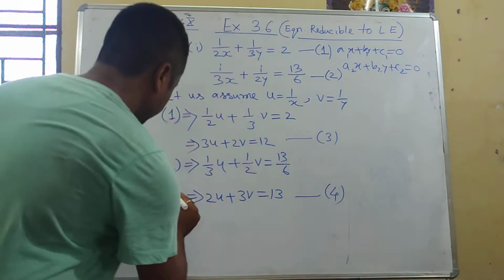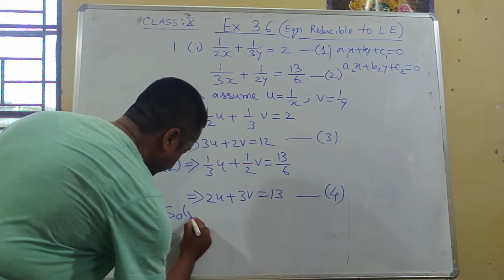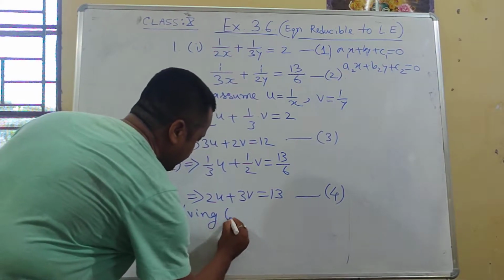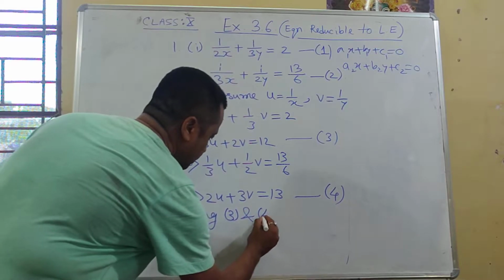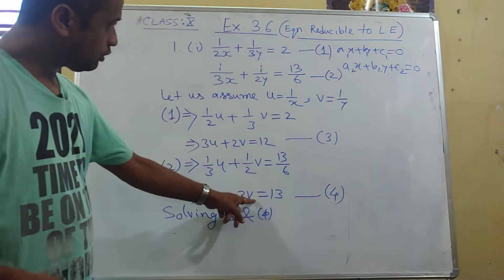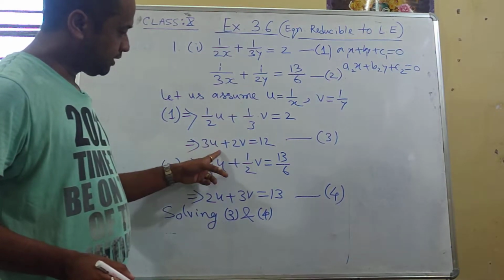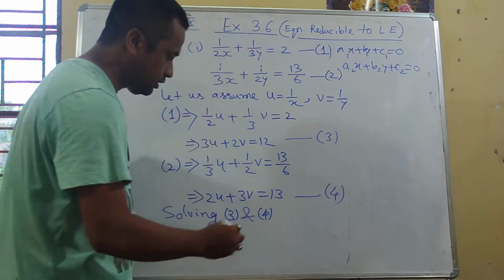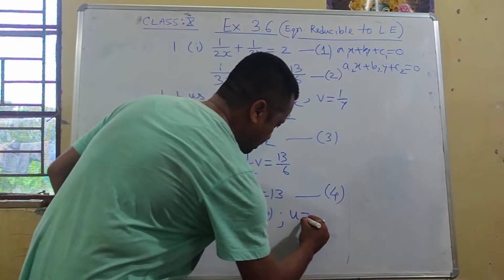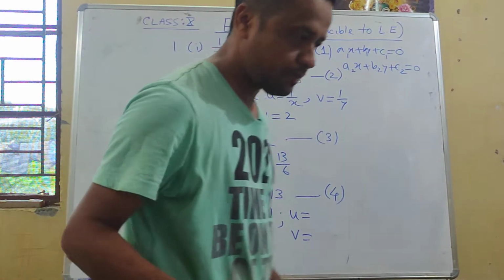So we can write, solving 3 and 4. If we solve 3 and 4 by any discussed method, substitution, elimination or cross multiplication method, you will get u is equal to something and v is equal to something.